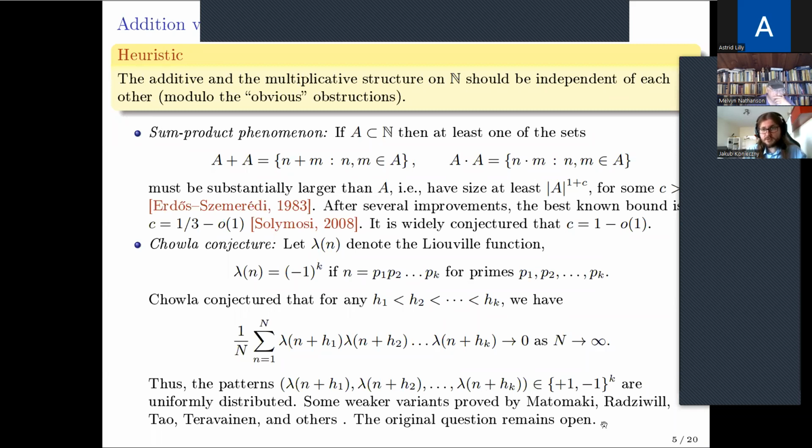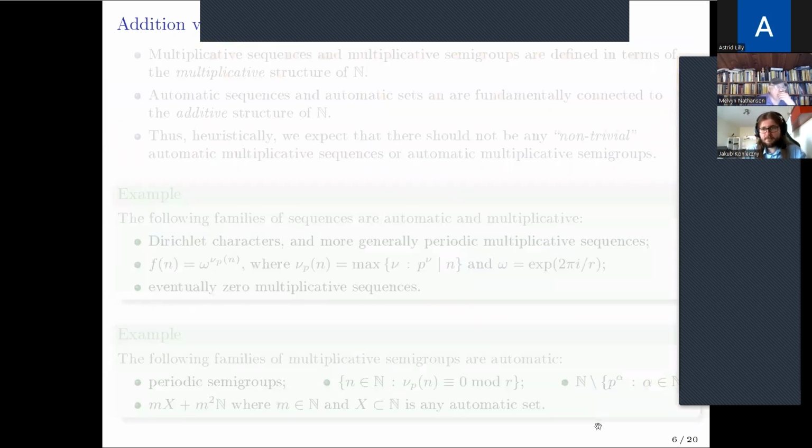Now, there have been some very magnificent results along these lines by several different authors, Matomäki, Radziwiłł, Tao, Teräväinen, and several others. But the question itself remains open.